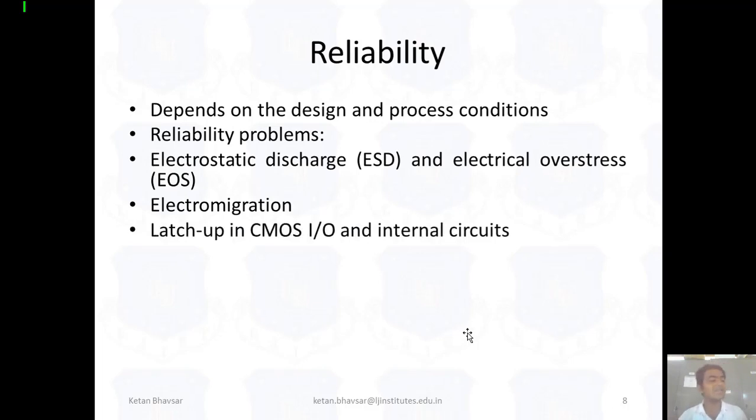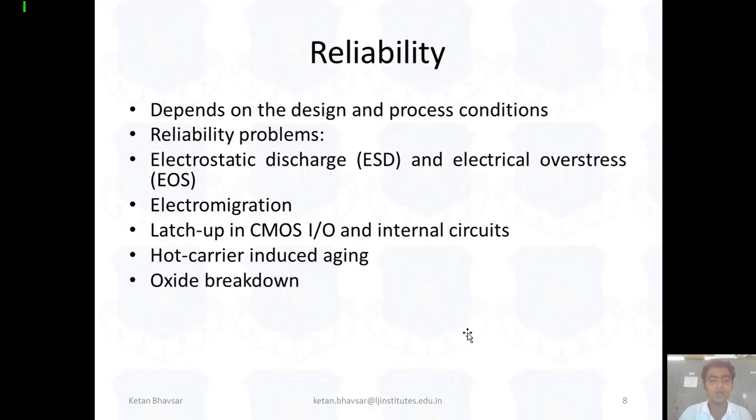Latch up means your circuit is held in one particular state only. It will not work as per the clock, as per your requirement, so it's called latch up or hold. Hot carrier induced aging means your IC and your component get hot, and because of the heat it gets damaged after some time.